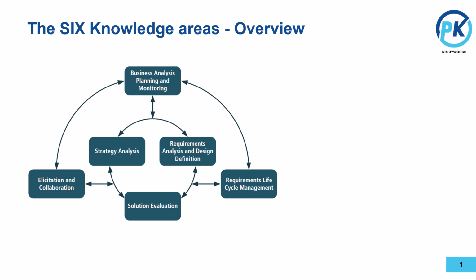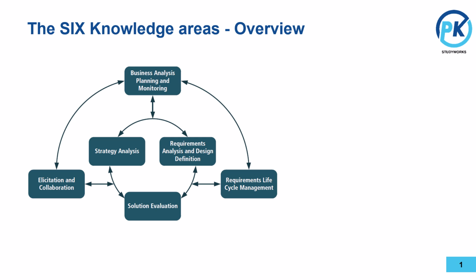So the first part of requirements analysis and design definition: any knowledge area which has an 'and', you can divide the tasks into 2, the first part and the second part. There are 3 tasks on the requirements analysis side of things, which means you will specify and model the requirements, and verify and validate the requirements. That is all around getting clarity around the requirements.